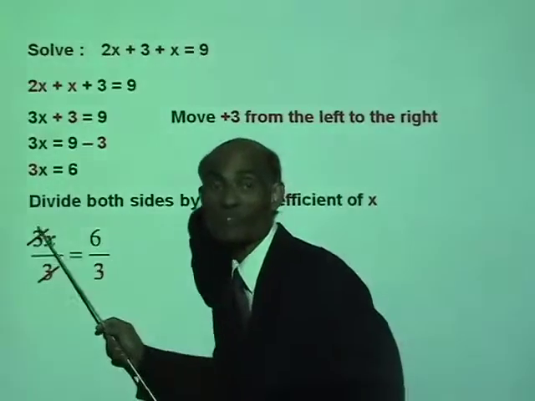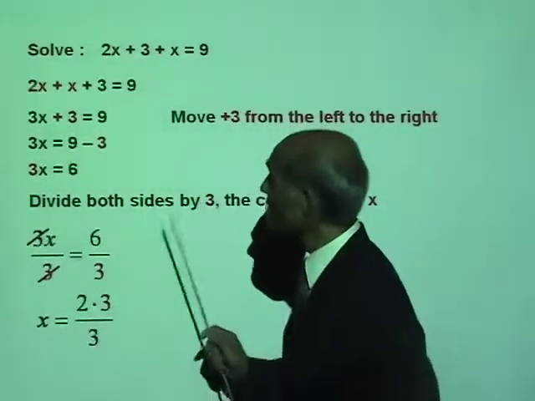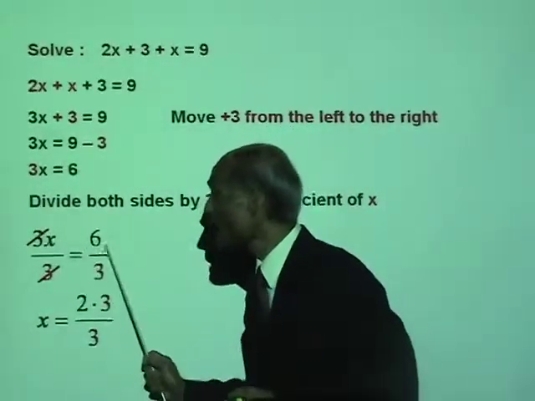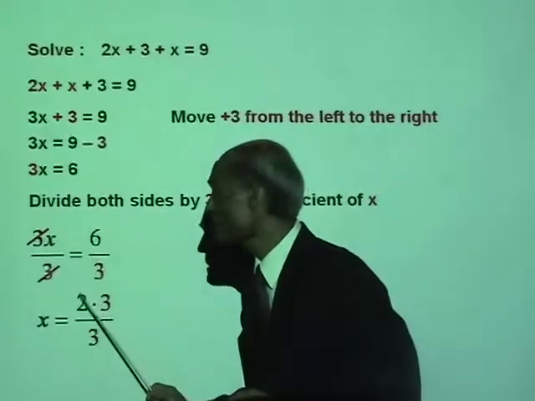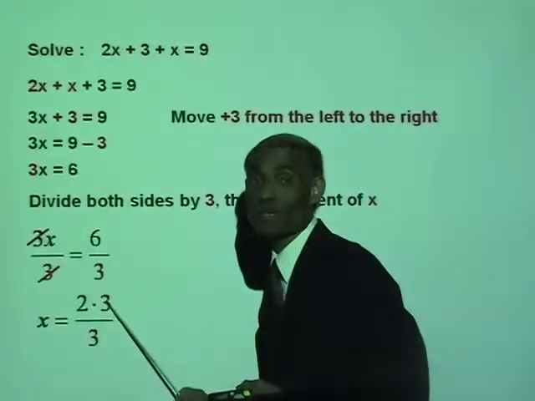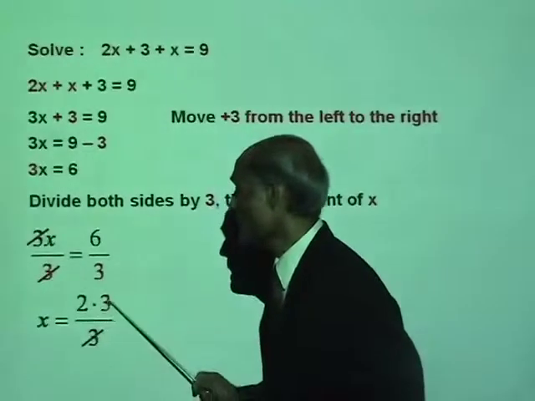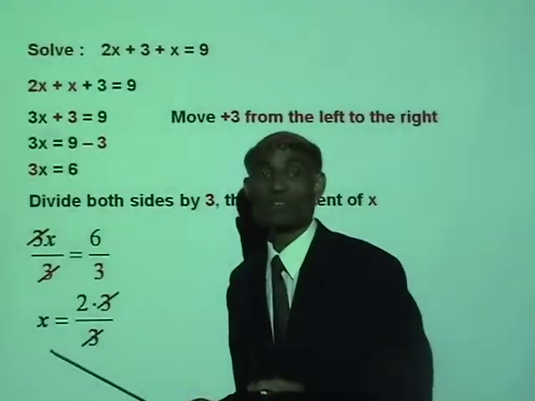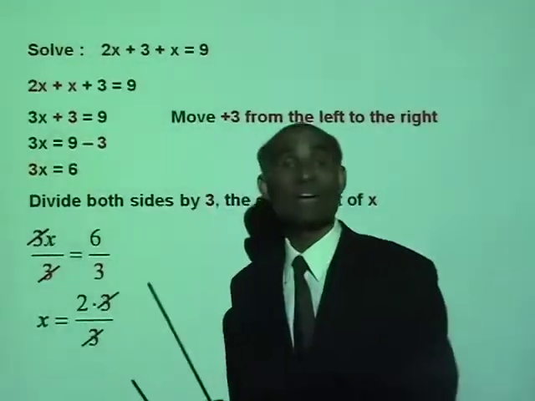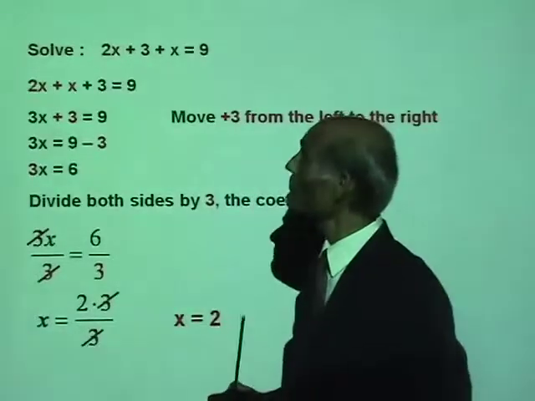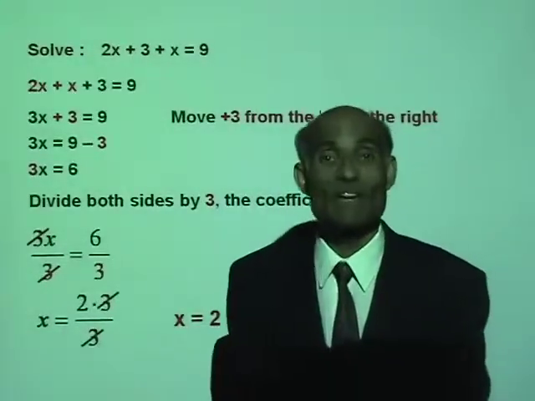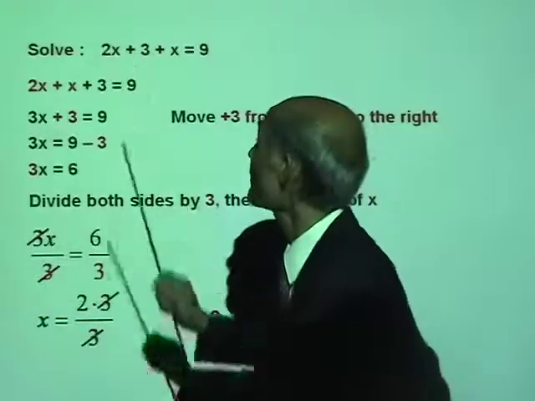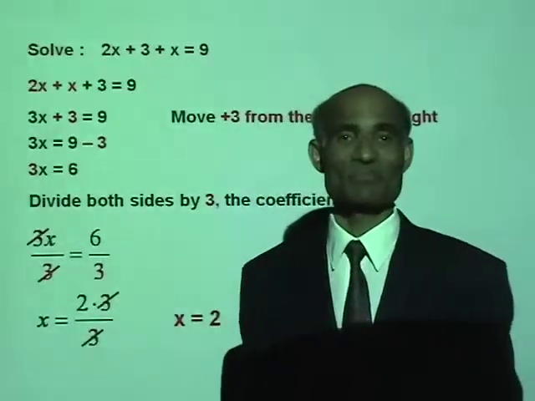We have now x alone on the left side, and on the right side 6 can be factored as 2 times 3, and the 3 and the 3 will cancel. We got our solution x equal to 2. A very good way of solving simple equations like this.